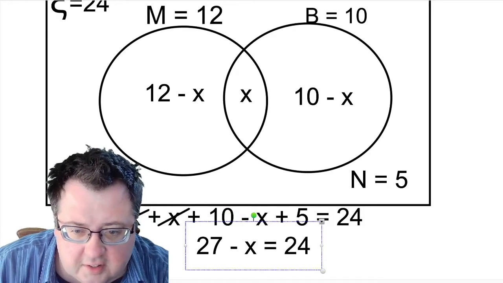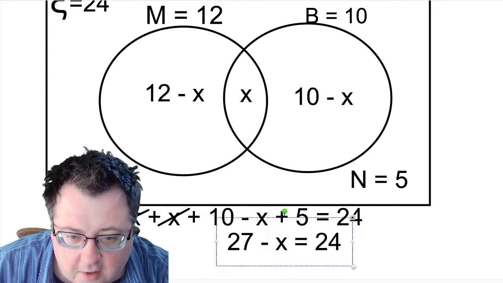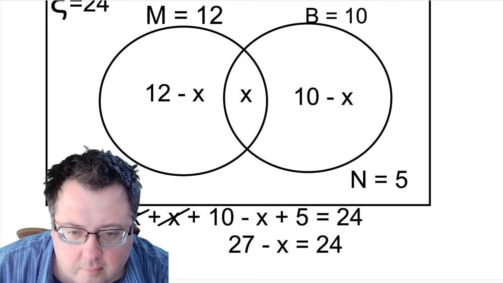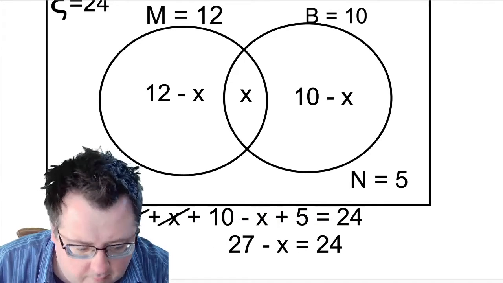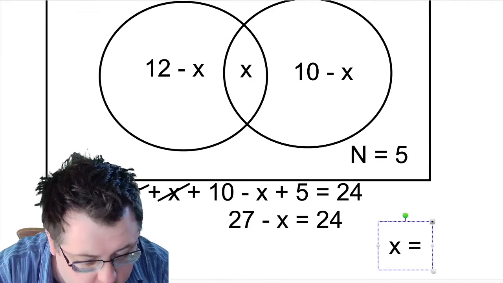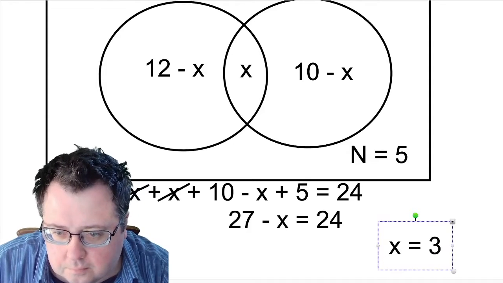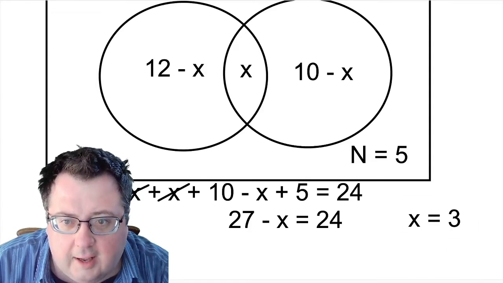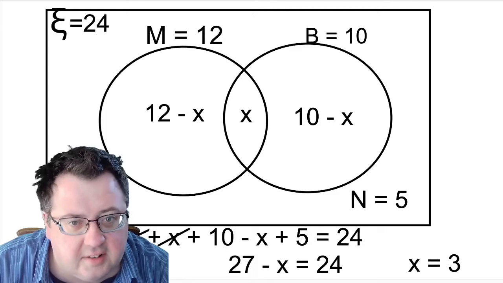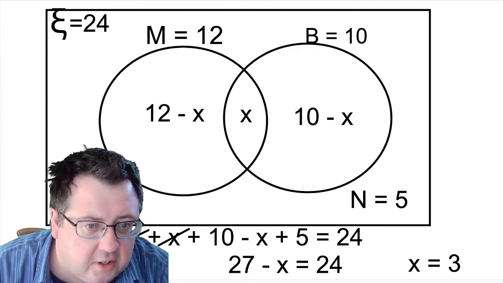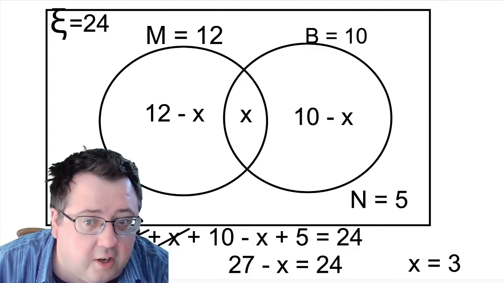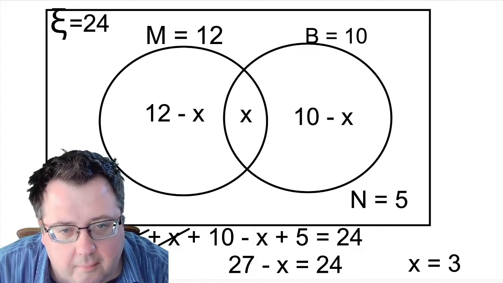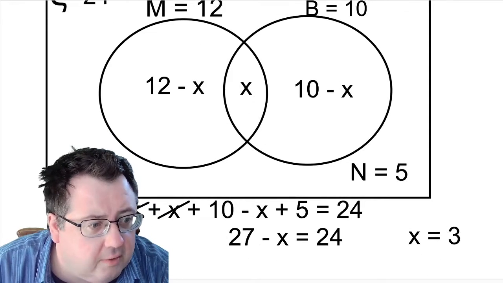And you can very easily see there that x has got to be 3. That will allow you to put the x into the overlapping section, and 12 minus 3, 9, 10 minus 3, 7. Okay, so that's the other way of doing it.